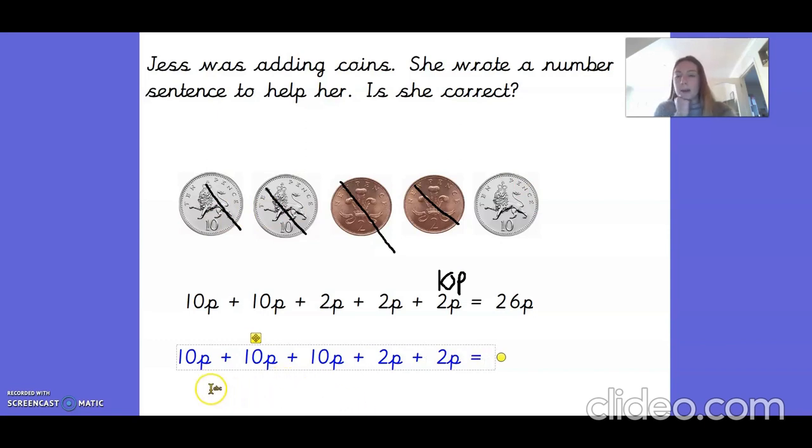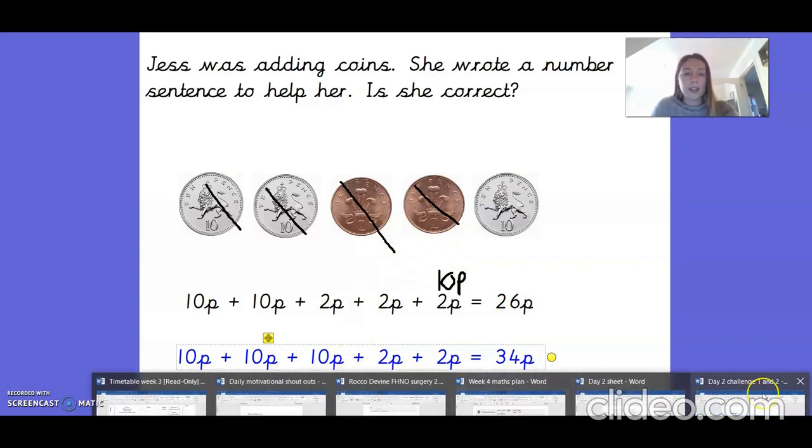Let's count the total amount. 10, 20, 30, 32, 34p. So Jess is not correct because she's mistaken this coin here for a 2p coin, but it's actually a 10p coin. So well done if you recognised her mistake.